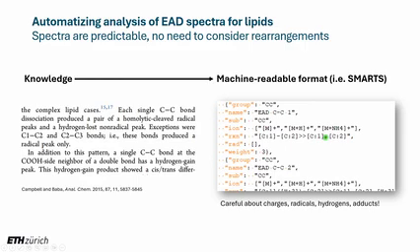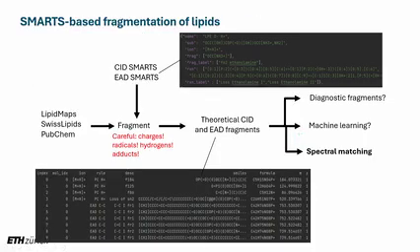The complication, if you want to try this at home, is that it doesn't like radicals. It always works with an even number of electrons. So if you want to model what I showed you before, you have to explicitly put in the hydrogens or omit them, and then it gives you the right things. We learned that too. So we set up rules for homolytic, heterolytic, and so on, and started simulating the spectra.